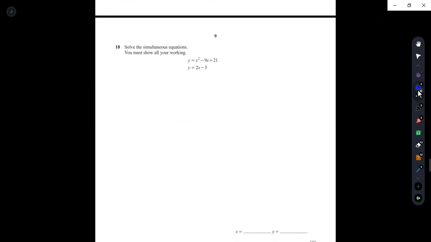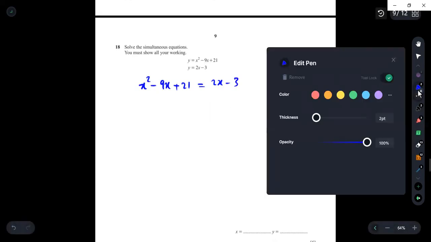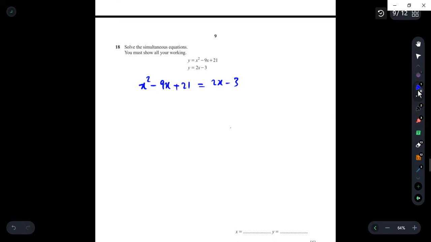So this value of y and this value of y will be equated. So we get x squared minus 9x plus 21 equals 2x minus 3. So by the substitution method, we equate the y values for both. And then we rearrange this equation so that we can further simplify and work out the answer.